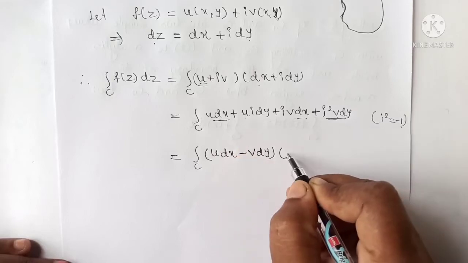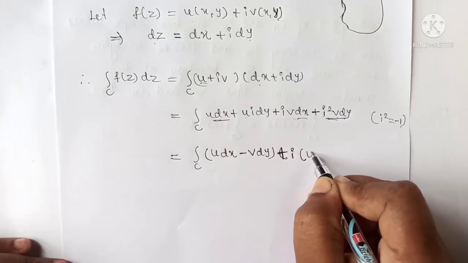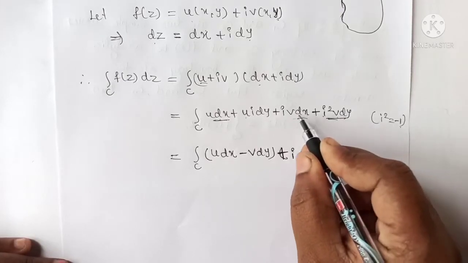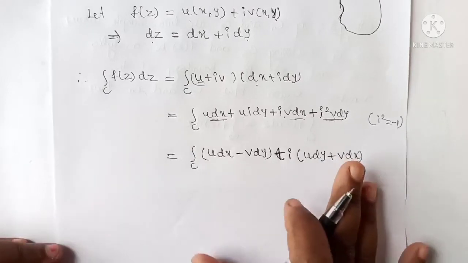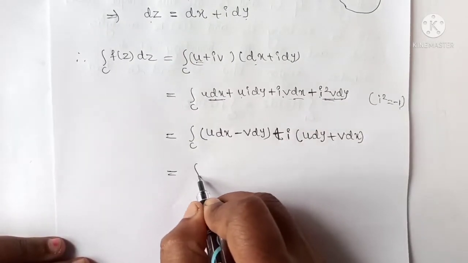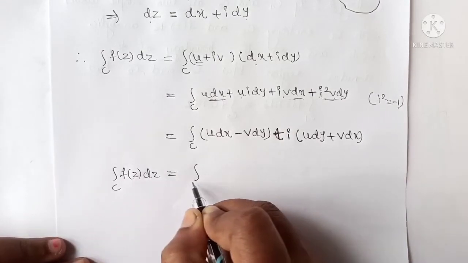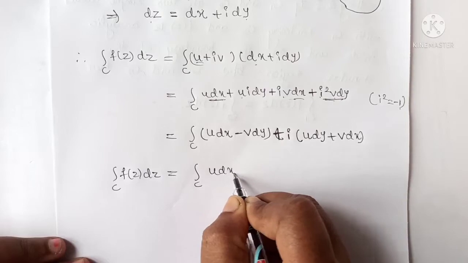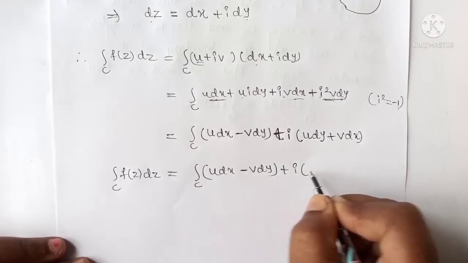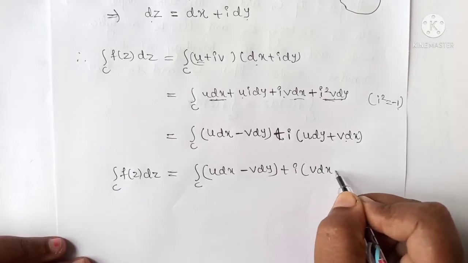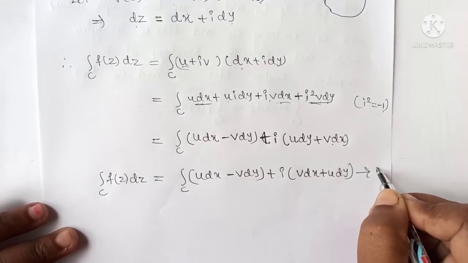Then, on taking i common, we get u dy plus v dx. It can also be written as the integral over C of f of z dz equals the integral of u dx minus v dy plus i times v dx plus u dy. Consider this as equation 1.